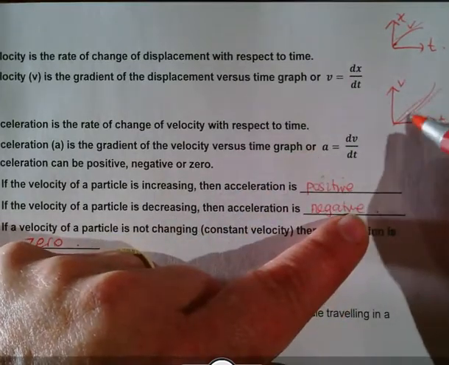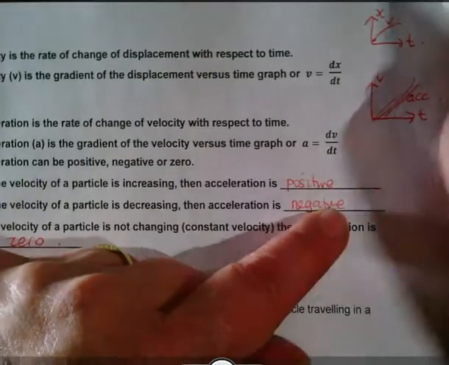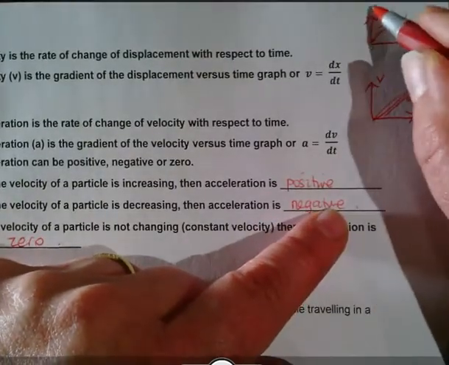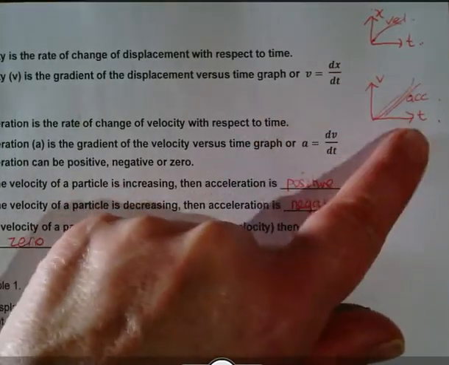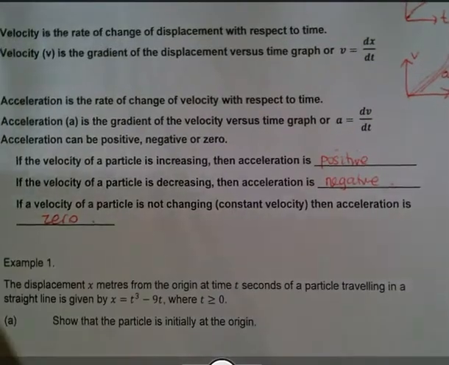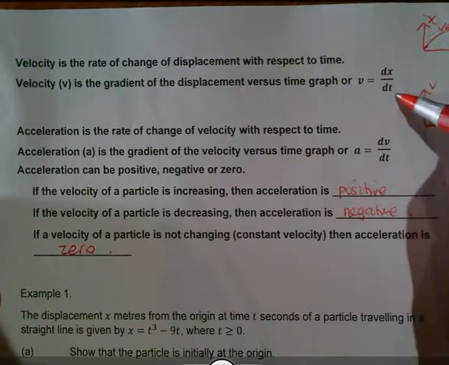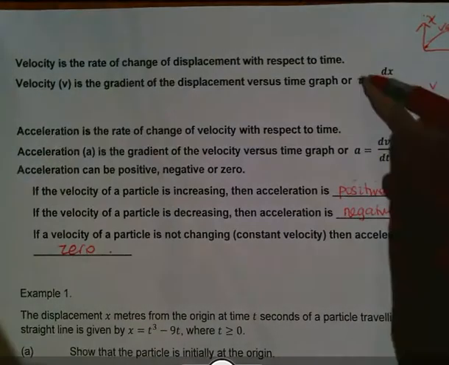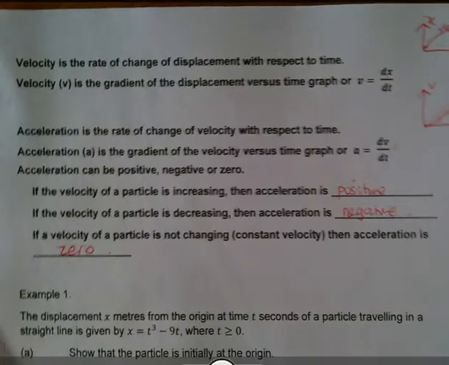The gradient of that velocity versus time graph is the acceleration. So all you've got to know: velocity is dx/dt, and then one step further, the acceleration is how your velocity changes. So it's dv/dt.